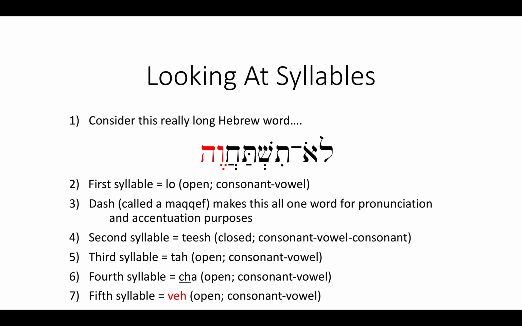And our final syllable is ve, which is also an open syllable, just consonant-vowel. So this is one way you can look at Hebrew words that look really complicated and break them down into their component parts, and perhaps get some help as to how a word is pronounced.